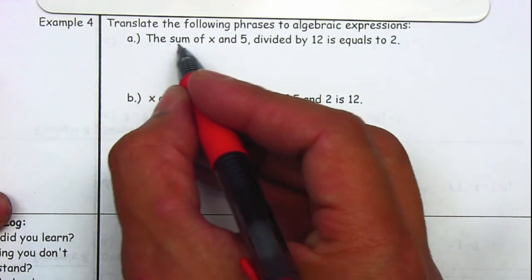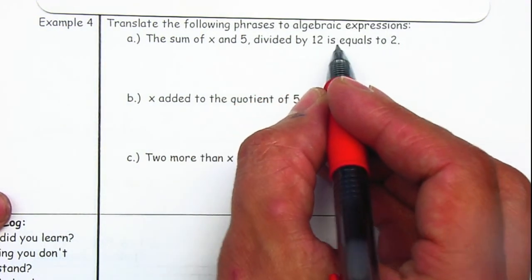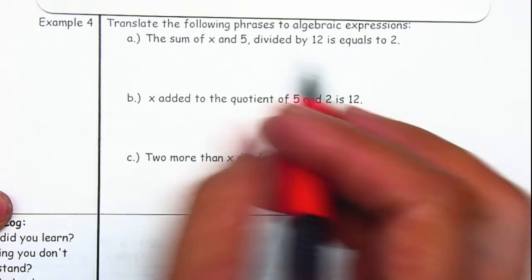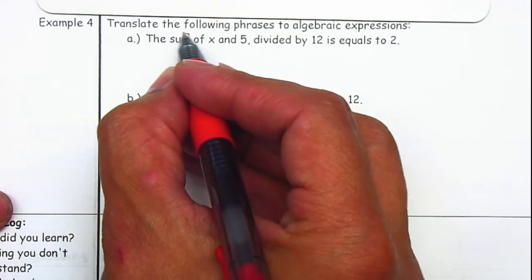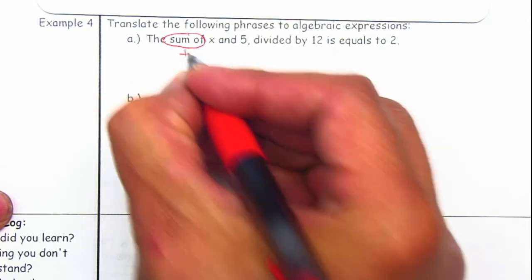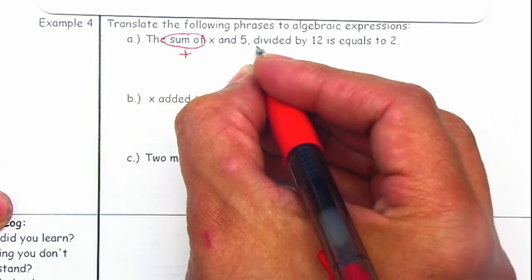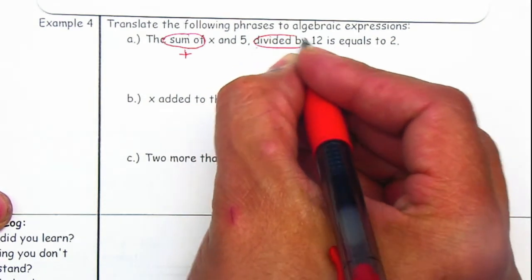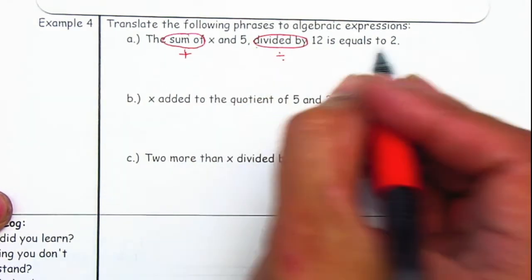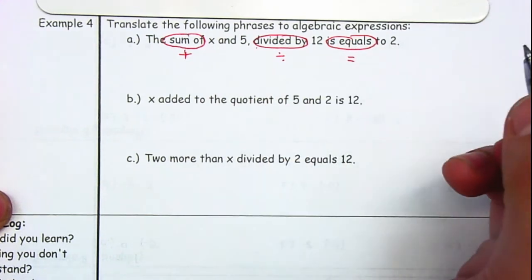So it says the sum of x and 5 divided by 12 is equal to 2. So I think, okay, the sum of is going to give me an addition. I'll place an addition underneath. Divided by is going to be a division. And equals is going to be an equal sign.